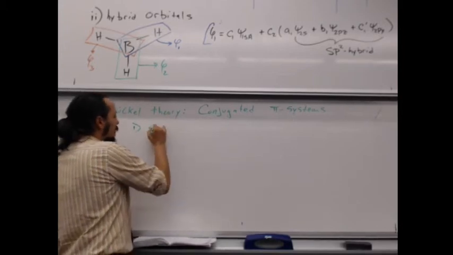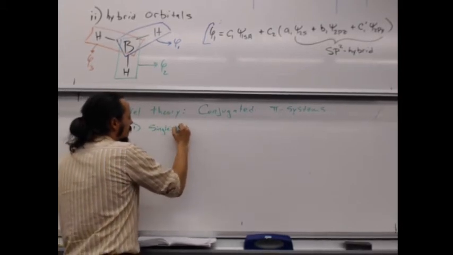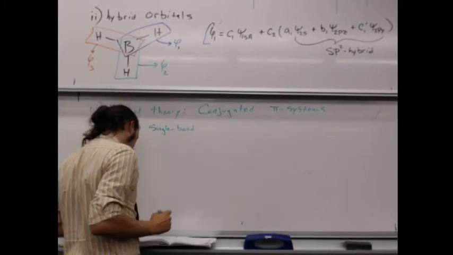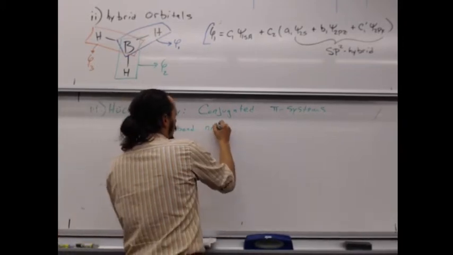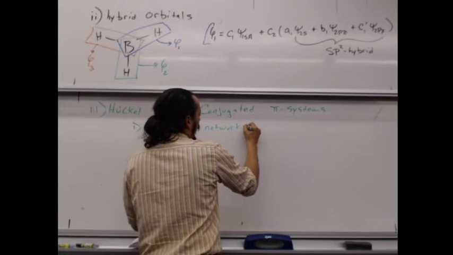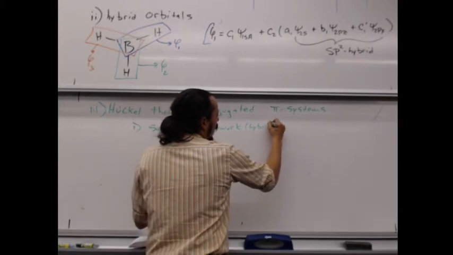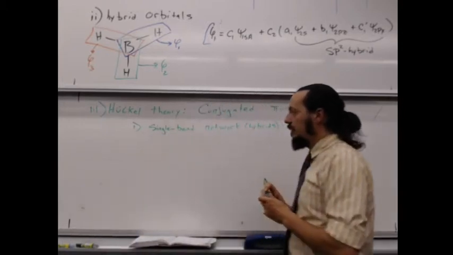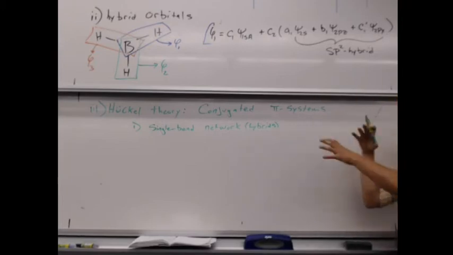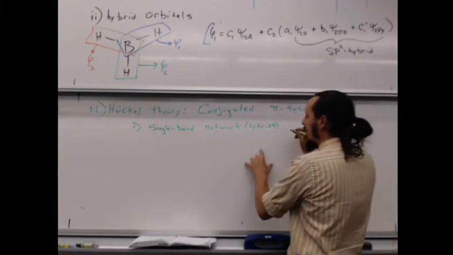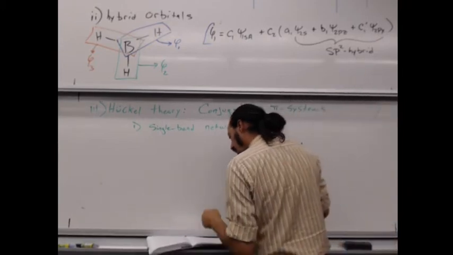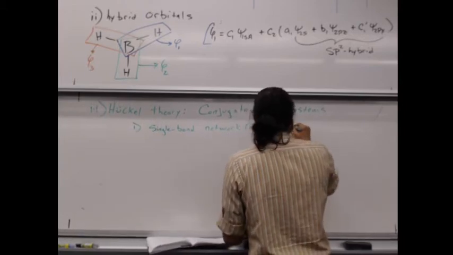Thing number 1. The single bonds, all of the single bonds inside of this conjugated system, that network of hybrid orbitals is well defined.